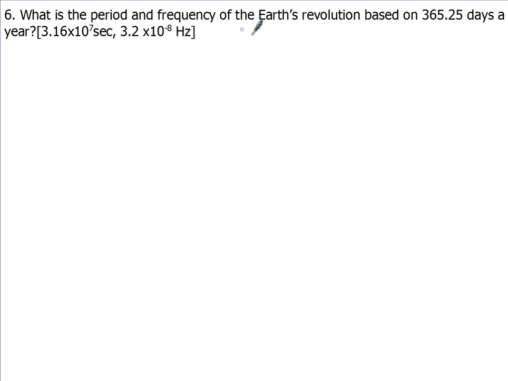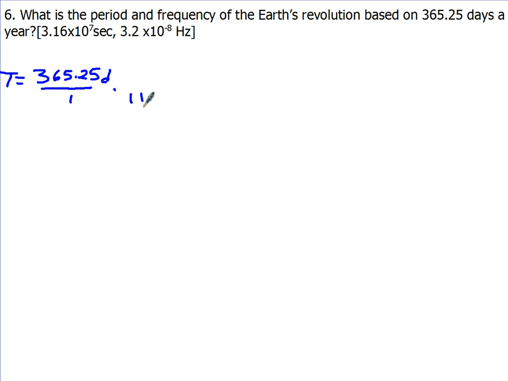What is the period and frequency of the Earth's revolution based on 365.25 days in a year? Okay, so the period is 365.25 days. And we do it once a year. So my number of reps is 1.